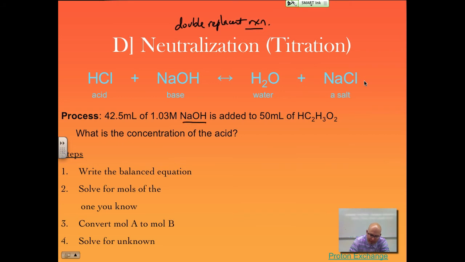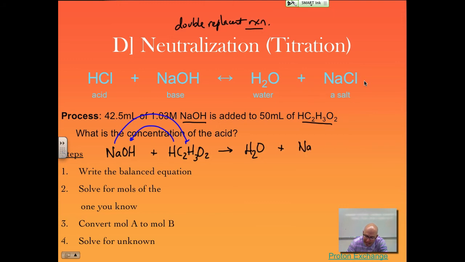So, in this case, I have my sodium hydroxide reacting with my acetic acid. This is HC2H3O2. And it's going to double replace. So you're going to get water. Water is always going to be formed in the neutralization reaction. And then NaC2H3O2.